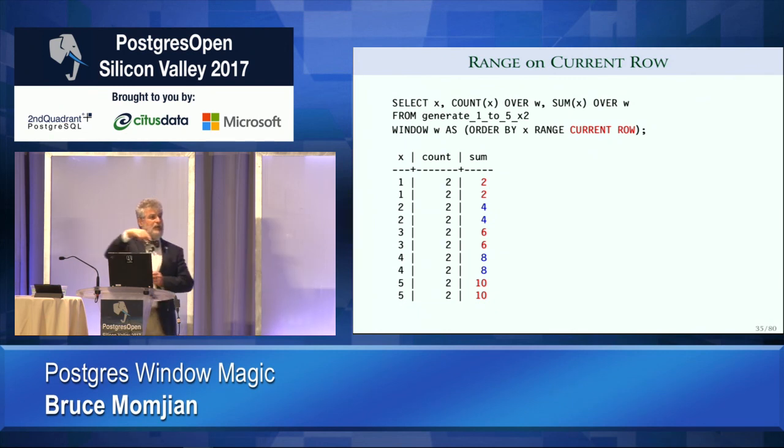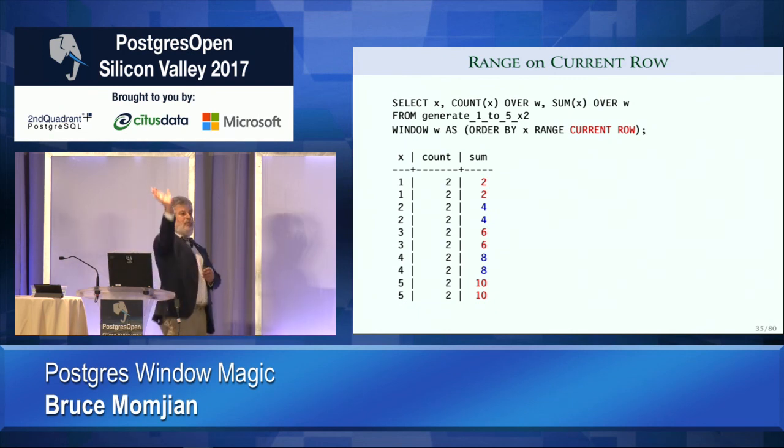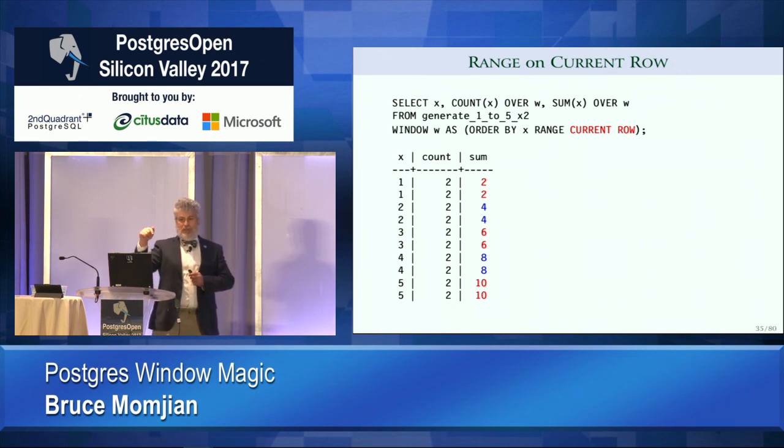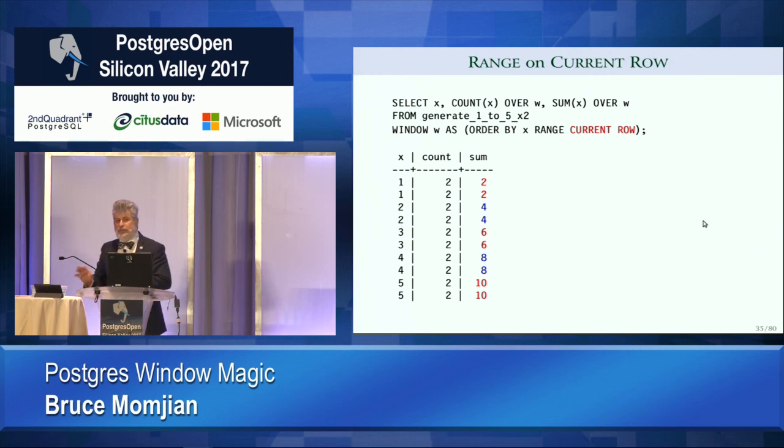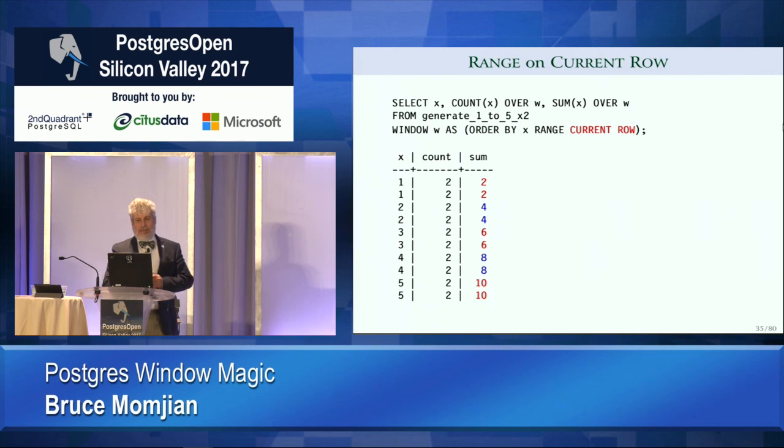We have order by, so it's really the earliest equal value to the last equal value in my order by values set. All right? So this 1, 1, this is a set right here. It thinks the current row starts here and the current row ends there. It thinks the current row starts here, the current row ends there. Okay? I know this sounds very academic, but once we get into examples, this will start to have some usefulness, which really it doesn't right now. This is kind of a silly example.